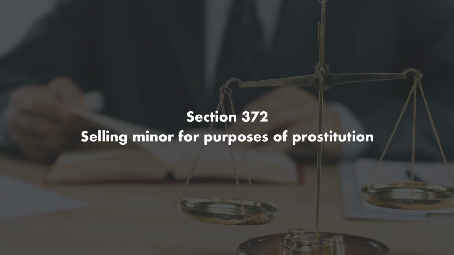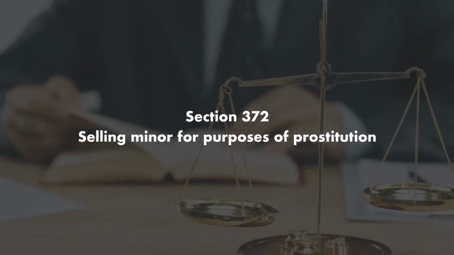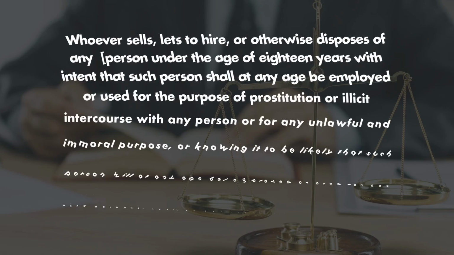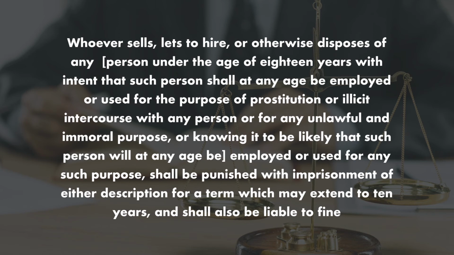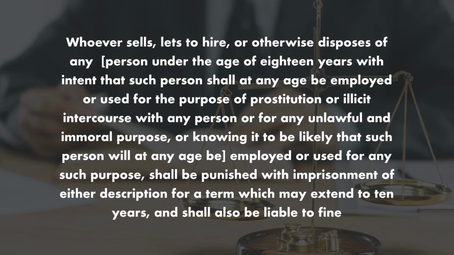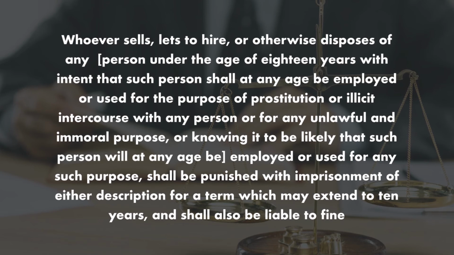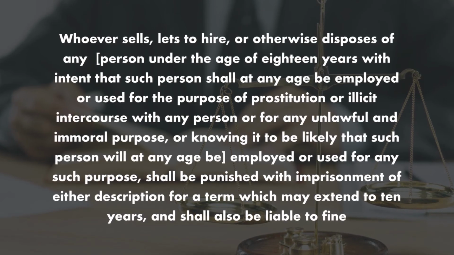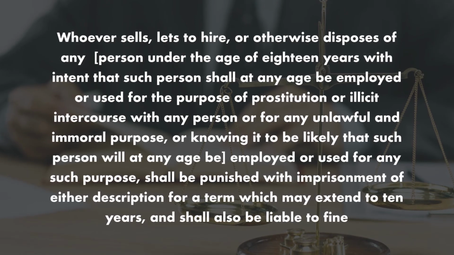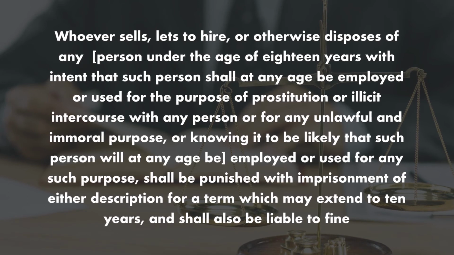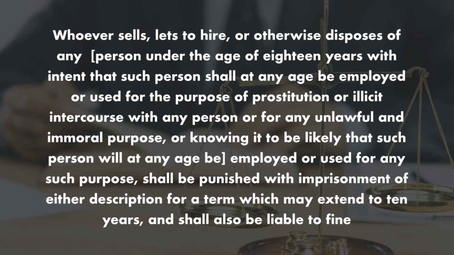Section 372 talks about selling minors for purposes of prostitution, etc. Whoever sells, lets to hire or otherwise disposes of any person under the age of 18 years with the intent that such person shall at any age be employed or used for the purpose of prostitution or illicit intercourse with any person, or for any unlawful or immoral purposes, or knowing it to be likely that such person will at any age be employed or used for any such purpose, shall be punished with imprisonment of either description for a term which may extend to 10 years, and shall also be liable to fine.